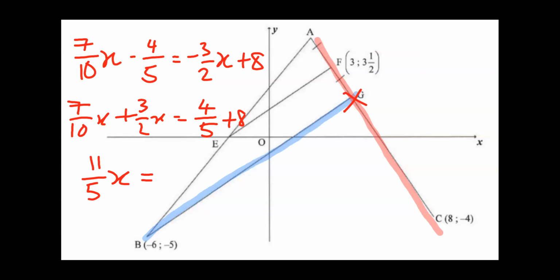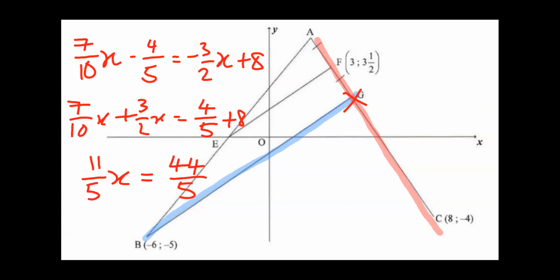I hope I did that correctly. Yes, sir. Thank you. And so now the 8 over 1, I'm going to change that to 40 over 5. And so I'll add the 40 with the 4, which gives me 44 over 5.